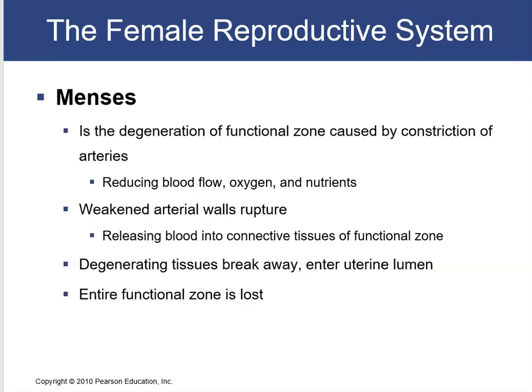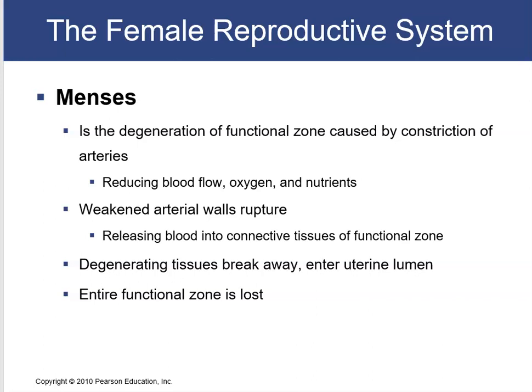Looking at these phases in more detail, first being menses. This represents the degeneration of the functional zone. This is caused by constriction of the arteries that will reduce the blood flow, oxygen, and nutrients to this layer of tissue. What happens is that the arterial walls will become weak, and they too will rupture.